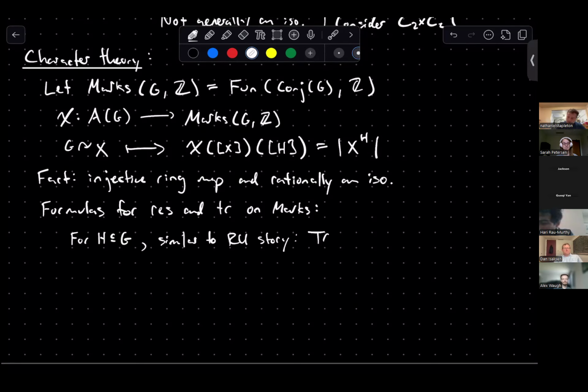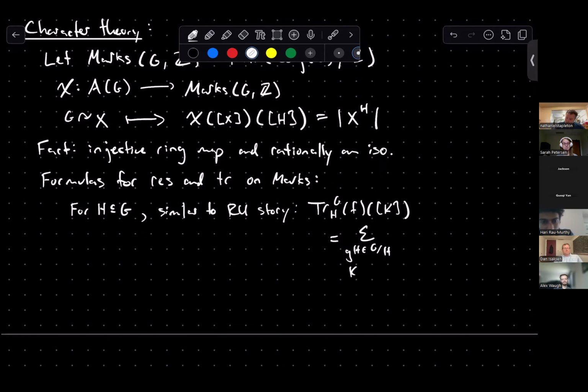It's like Tr_H^G F on K is equal to the sum over gH in G mod H, such that the conjugate of K is contained in H, of the value of F on the conjugate. So that's really the same kind of thing as happens in the representation ring story.